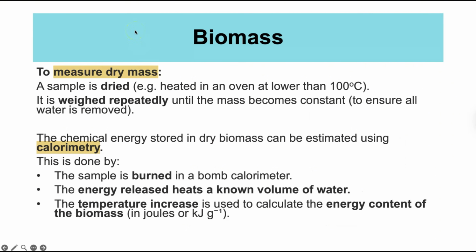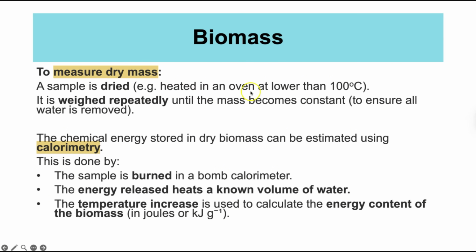So to measure that dry biomass, because it is the dry mass or the mass of carbon, you have to dehydrate it. And in order to dry out your sample to measure the biomass, you have to heat it in an oven at temperatures lower than 100 degrees C. Now, this has come up a few times recently, and students didn't get the mark unless they said heat.